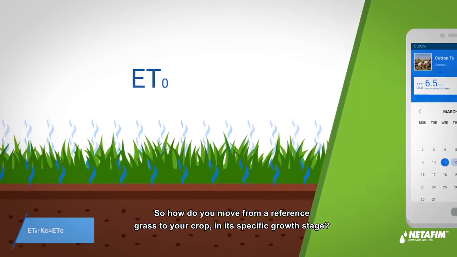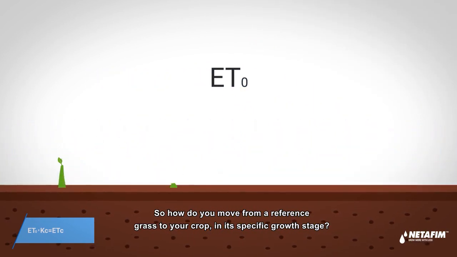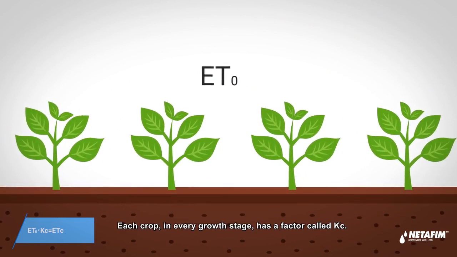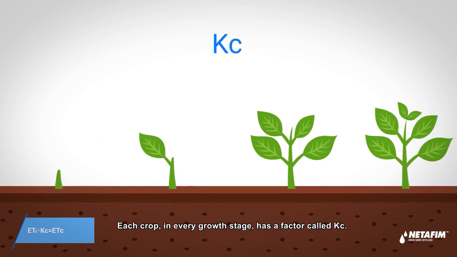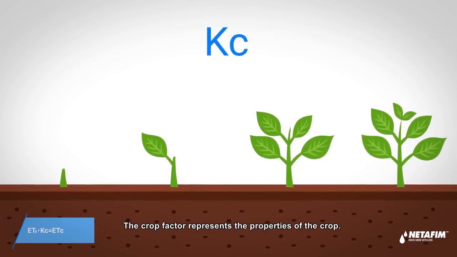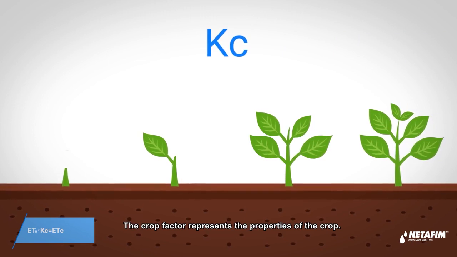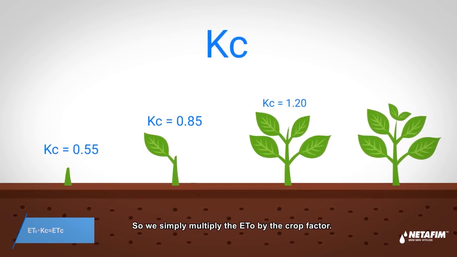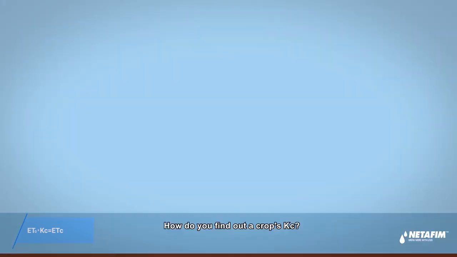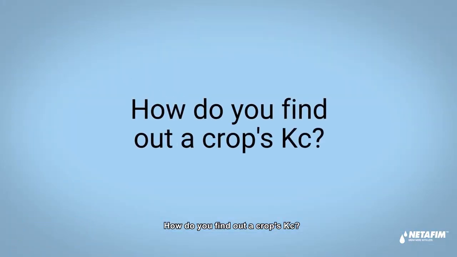So how do you move from a reference grass to your crop in its specific growth stage? Each crop in every growth stage has a factor called Kc. The crop factor represents the properties of the crop. So we simply multiply the ETO by the crop factor. How do you find out a crop's Kc?